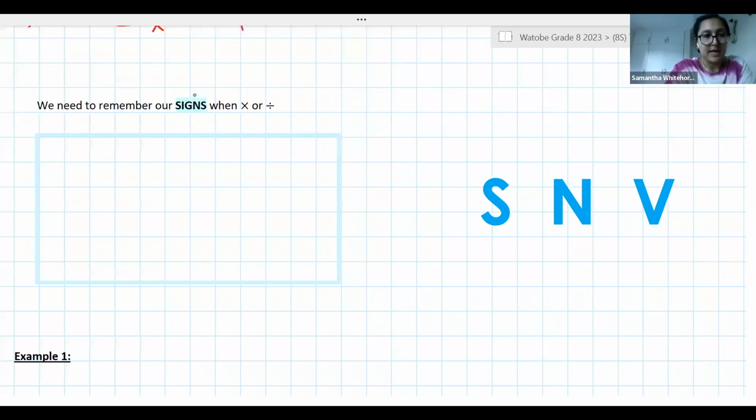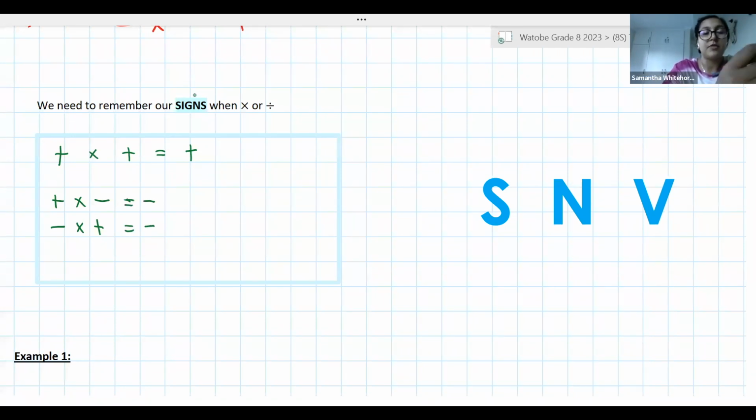If we start with multiplication, if we've got a positive times a positive, our answer is always going to be positive. If we have a positive times a negative, or even a negative times a positive, as long as there's one of each sign, my answer is always going to be a negative.